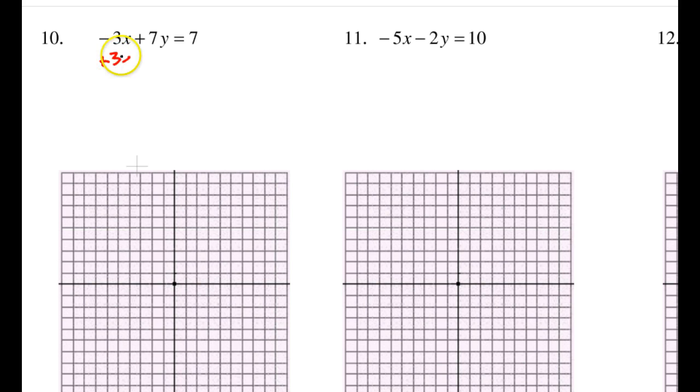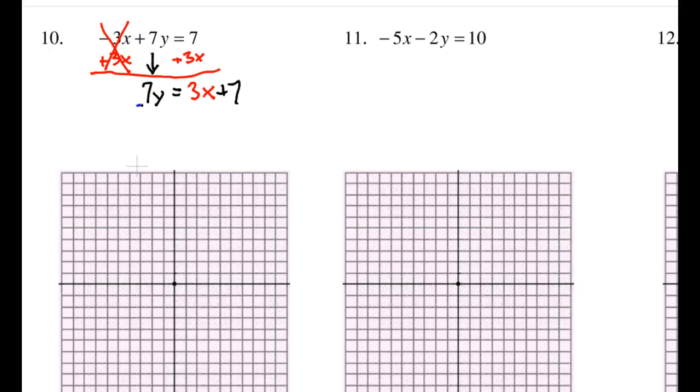Add 3x to both sides. Cancel out. Bring down 7y. Bring down the equals. And then we have 3x plus 7.